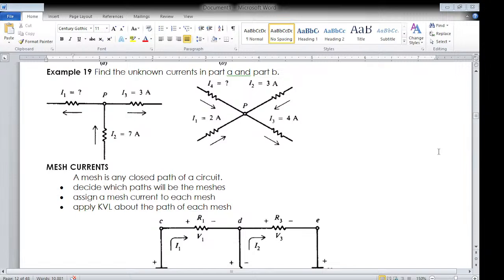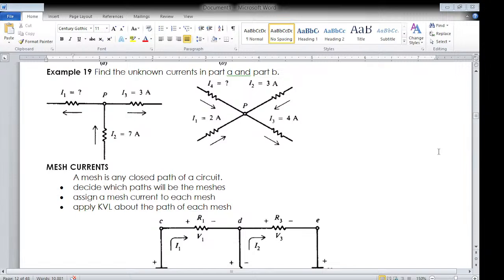Okay. So, another method, class, in analyzing your circuits is mesh currents. Last time we learned that a mesh is a closed loop or closed path in a circuit. The current that passes through it is what we call the mesh current.